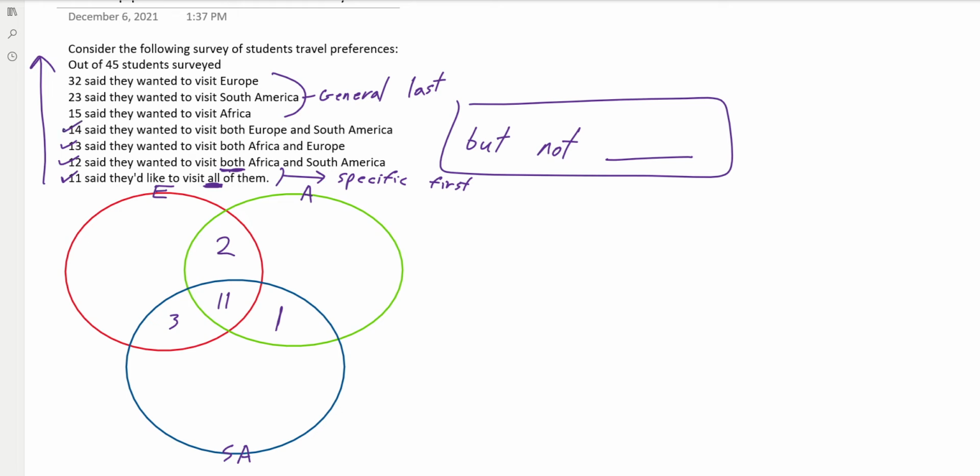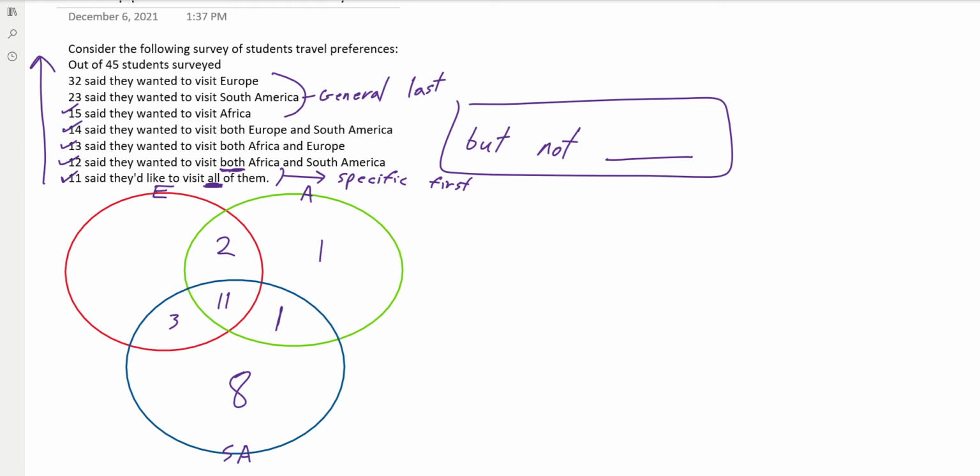Next, going from specific to general, we can look at any one of our circles, but let's look at Africa. Together it needs to add up to 15, so 11 plus 2 plus 1 plus 1 is 15. South America has to add up to 23, so 8 should work.